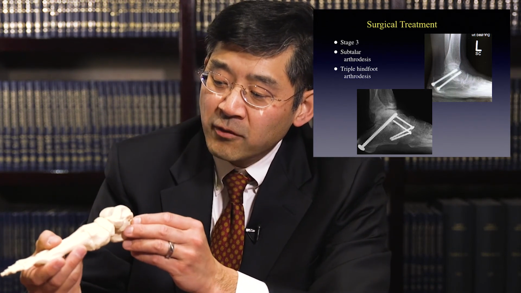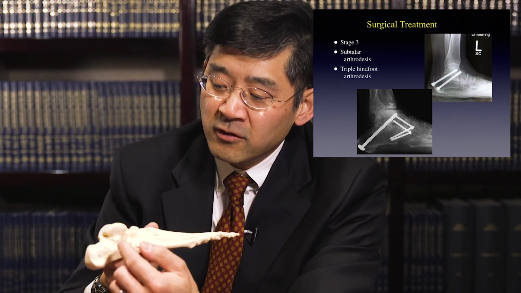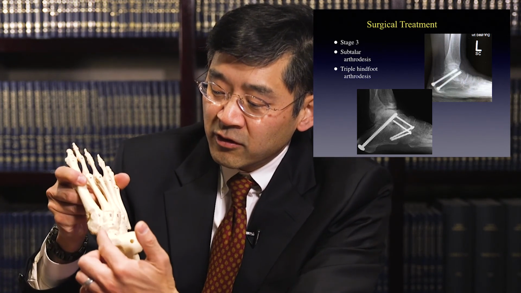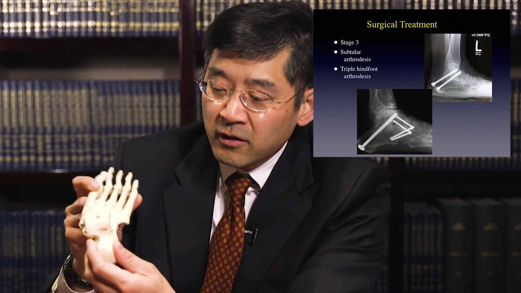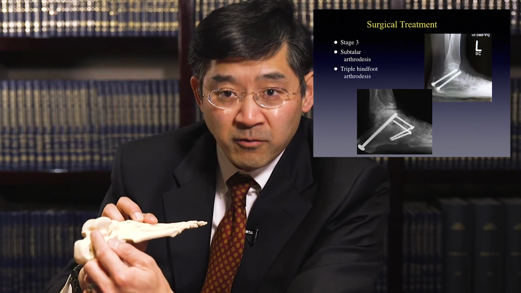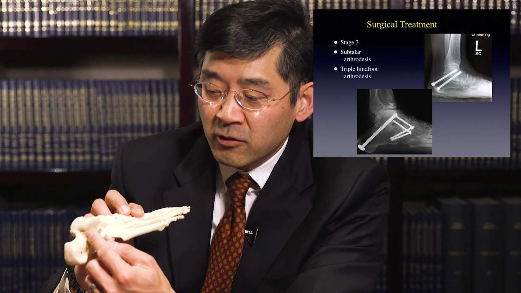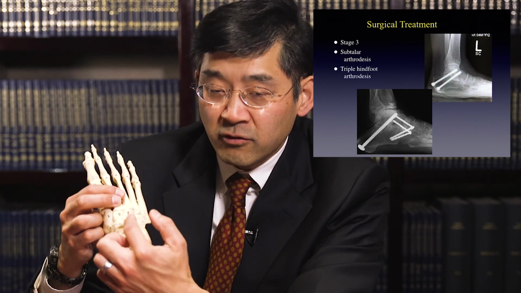The surgical treatment for stage 3 is a little bit different. Because the hindfoot is diseased and rigid, we'll often move to a hindfoot fusion involving this joint here, the subtalar joint, and sometimes this transverse tarsal joint here. That would require a subtalar joint fusion in which the joint is obliterated, or a triple fusion including the subtalar joint and the transverse tarsal joint to maintain the posture of a plantigrade foot.